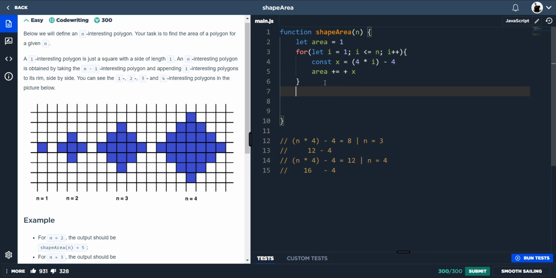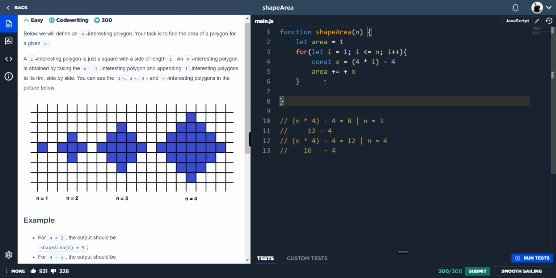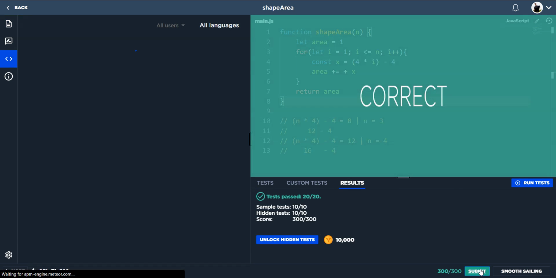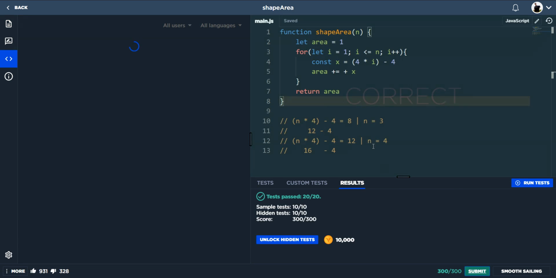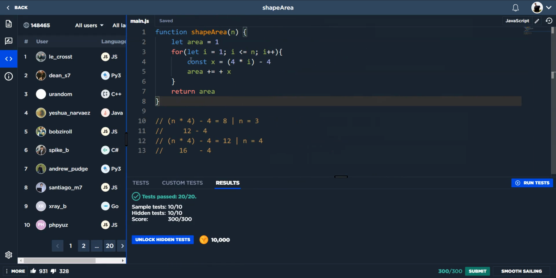So we jump out of that for loop, and then if we just return the area, it should submit and correct. Probably there is a more efficient way of doing this.